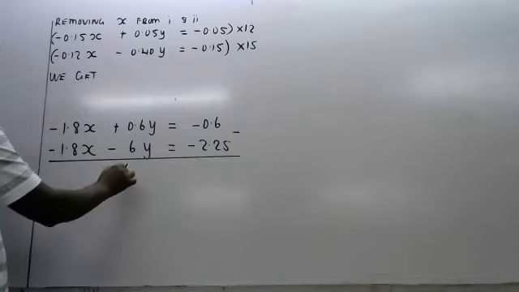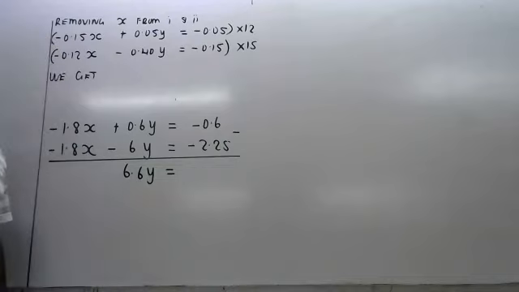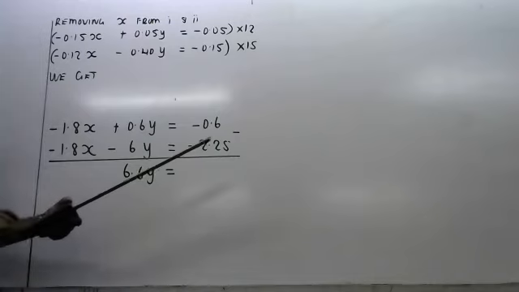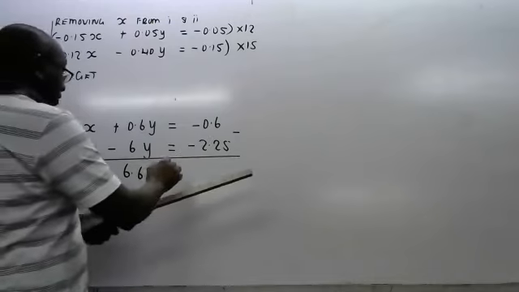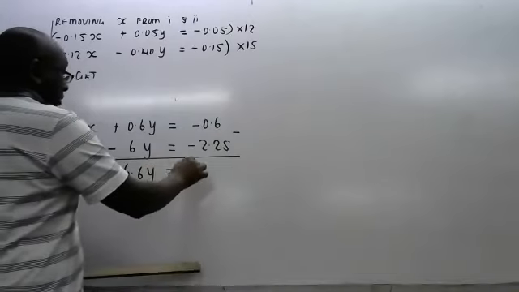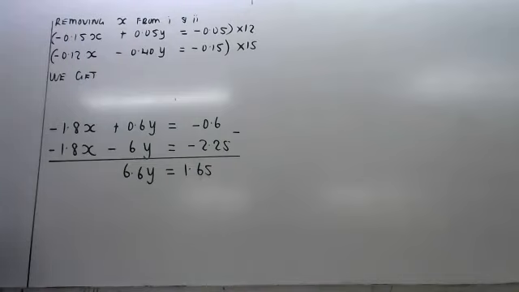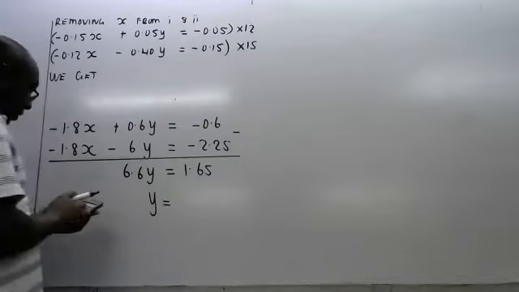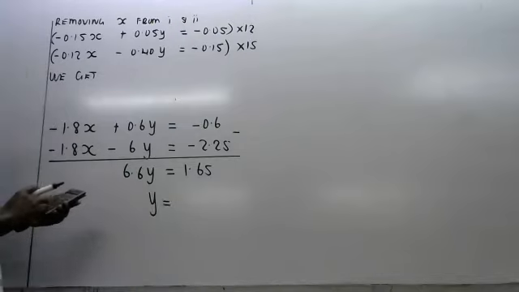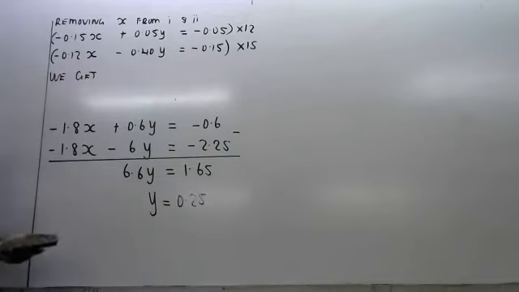And this gives me 6.6y is equal to, if I subtract 0.6 here, 1.65. Therefore, I divide by 6.6. I get 0.25.